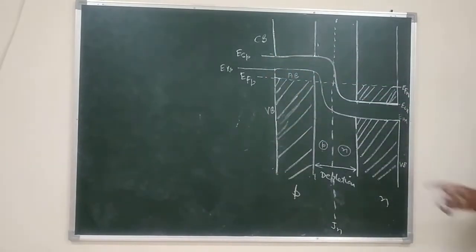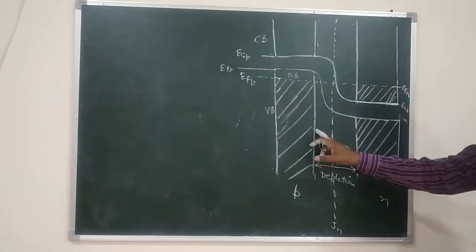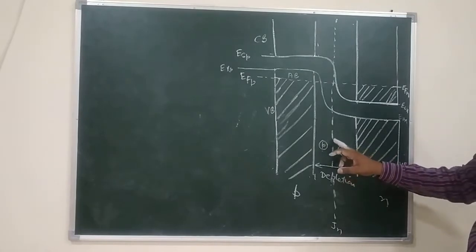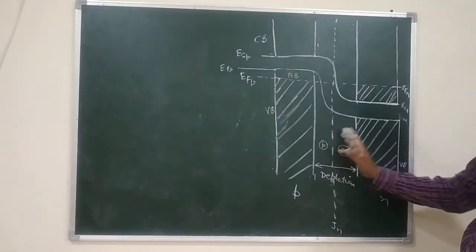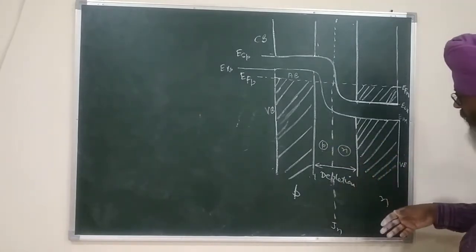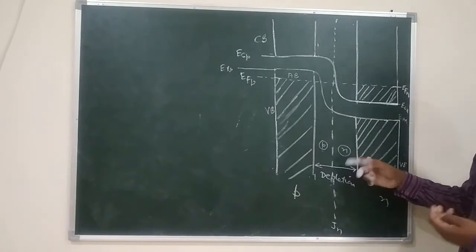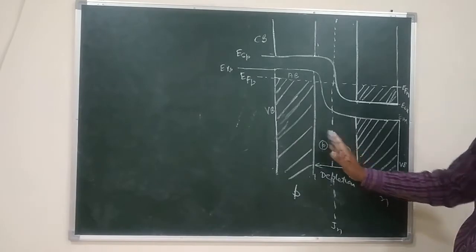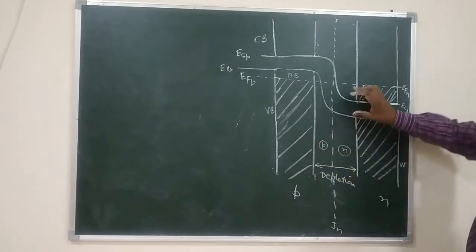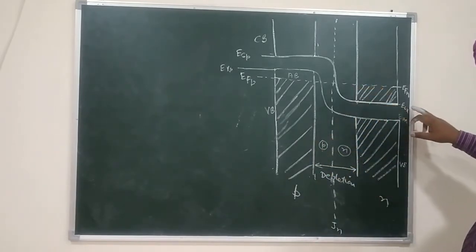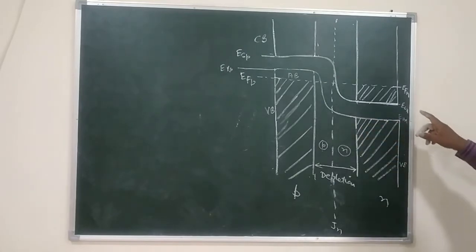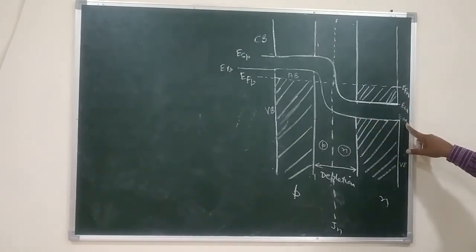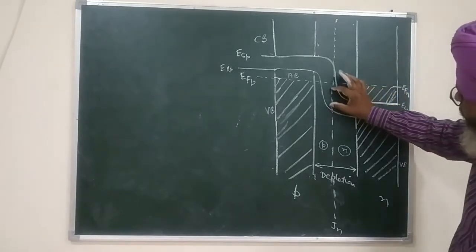So this region near the junction, some portion of it to the right of the junction according to this graph, is N type, and some region is P type, and within this region a change in the energy of the conduction band bottom edge and valence band top edge is observed.